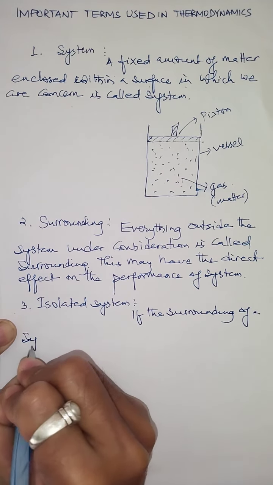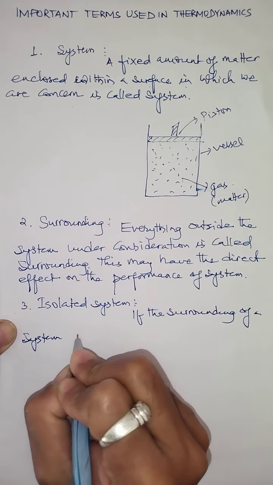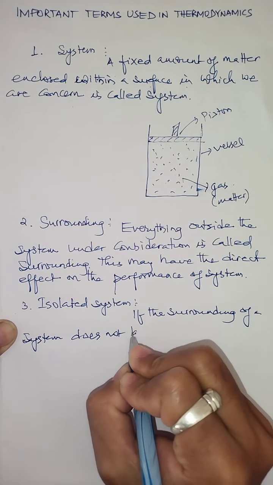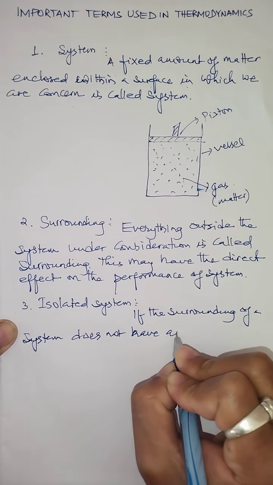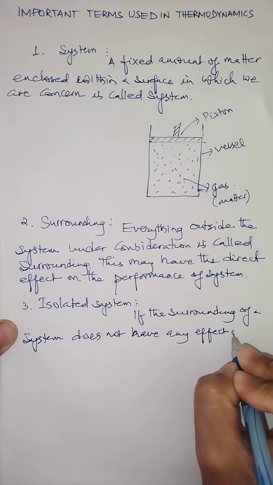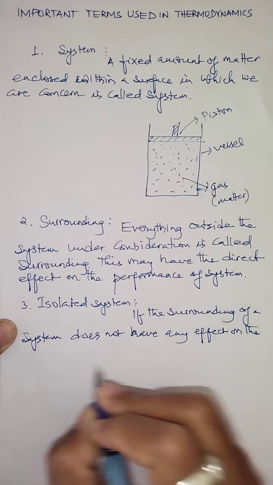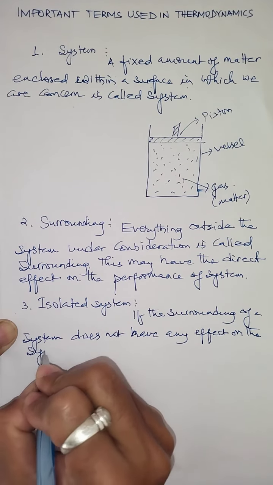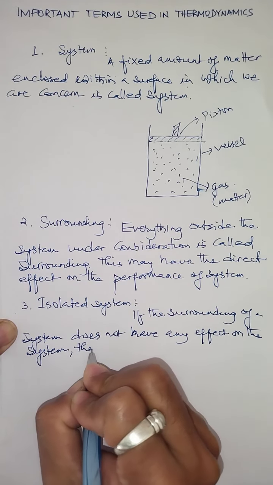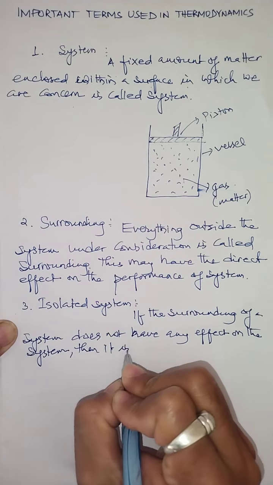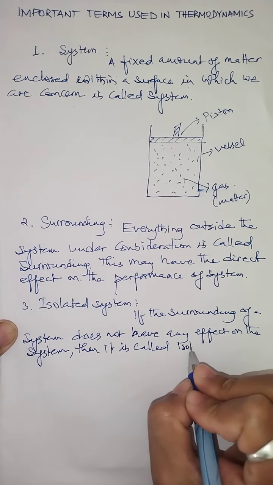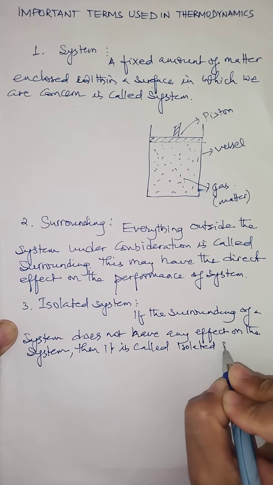If the surrounding of a system does not have any effect on the system, then this particular system is called an isolated system.